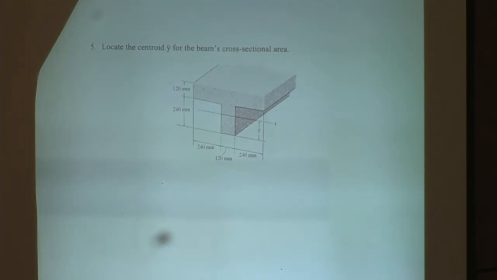Similar to the other one, except you just use piecewise function. Since you're given distances, it's a lot easier. You don't have to integrate anything, so you can use common shapes, and then just locate the common shape centroids and sum them up.